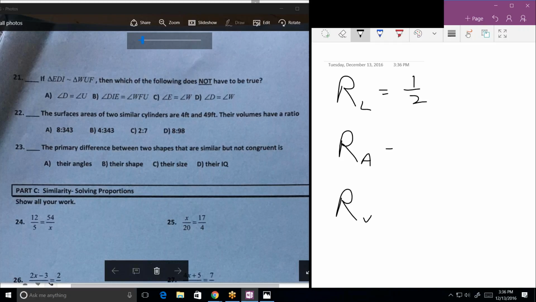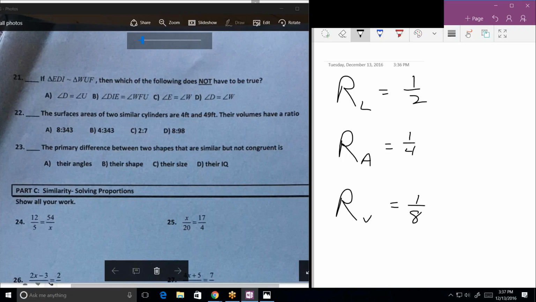What would the area ratio be? 1 to 4. What would the volume ratio be? 1 to 8. So that's the relationship. In other words, the area ratio is the square of the linear. Volume is the cube of the linear.